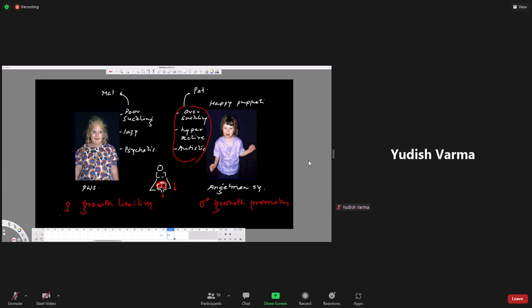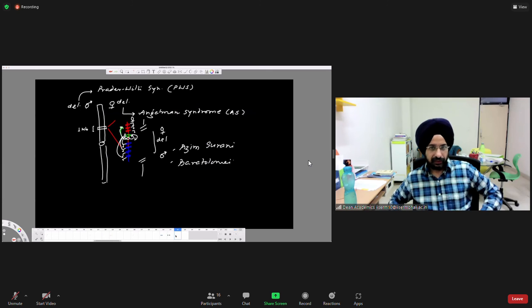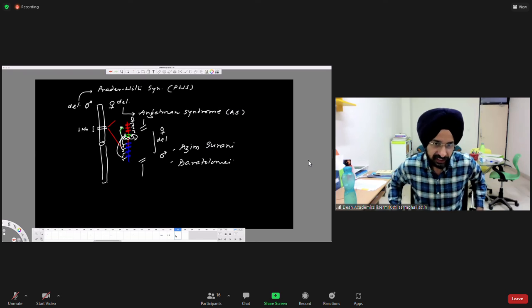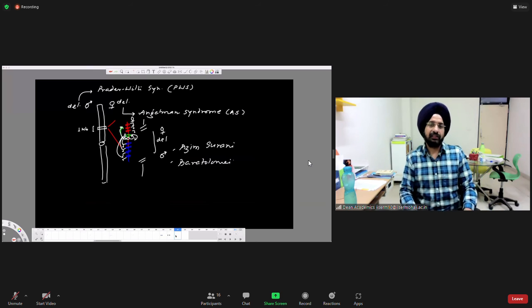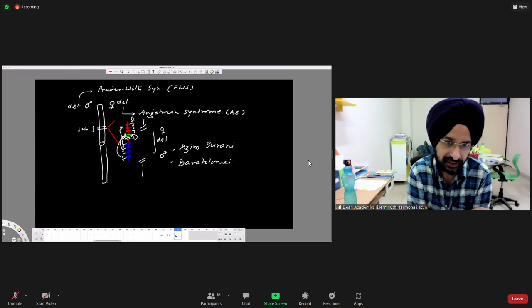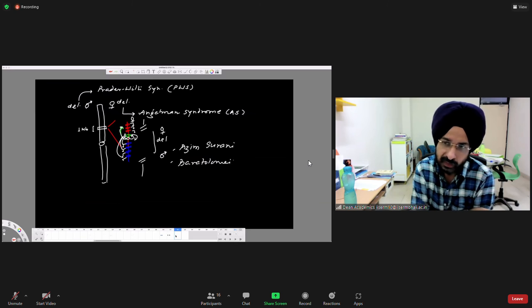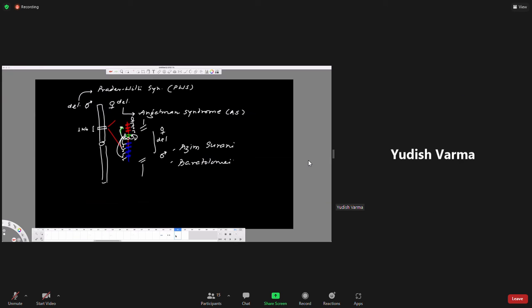So you're saying that if we express the maternally expressed genes, which are silent paternally... Yes, sir. The segment that is being lost, if we introduce it ectopically, it still won't improve, right?